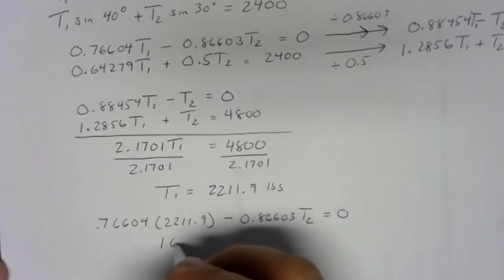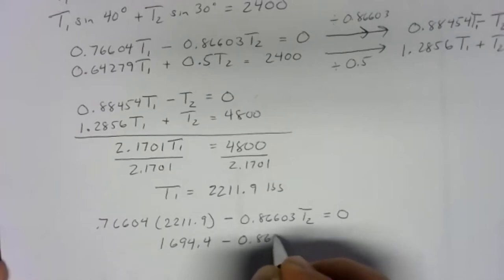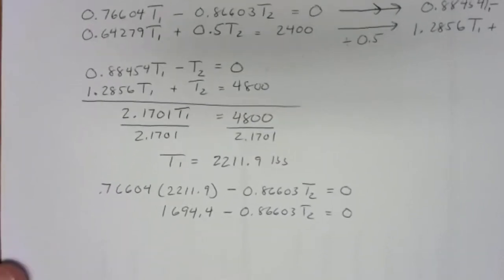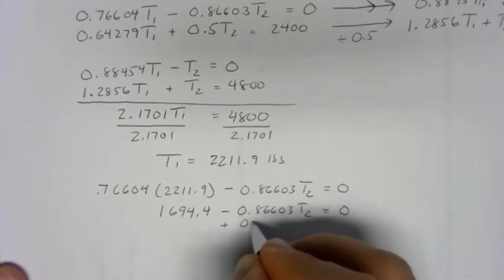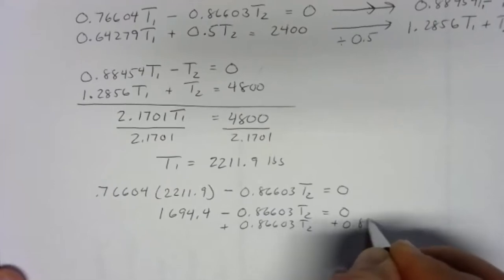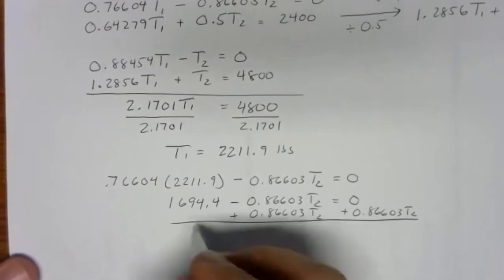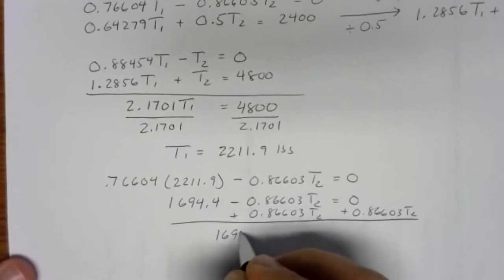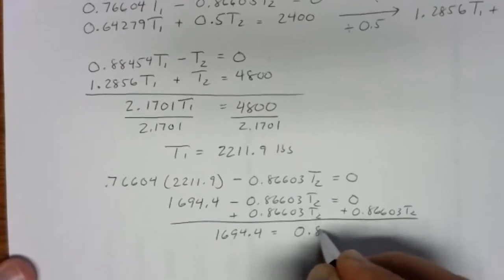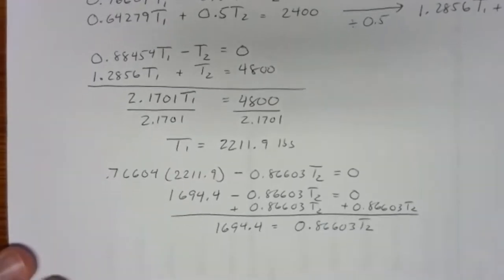That's 1694.4 minus 0.86603 T2 equals 0. I would probably add the 0.86603 T2 to both sides. That'll leave me with just 1694.4 on the left and a positive 0.86603 T2 on the right.